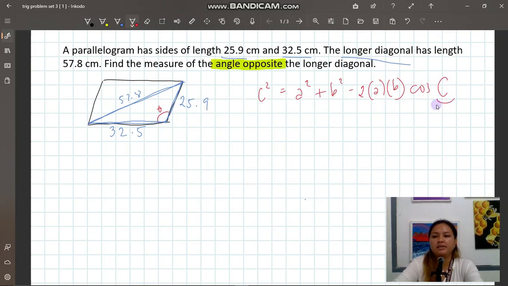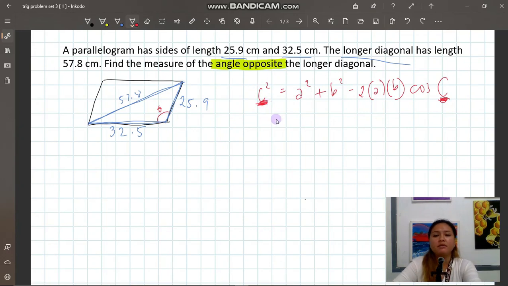Wherein c here is the measure of the angle opposite whatever side we put on the other side of the equation. So first we need to remember in cosine law that whichever side this is, the angle here corresponds to its opposite angle, the angle opposite to this side.